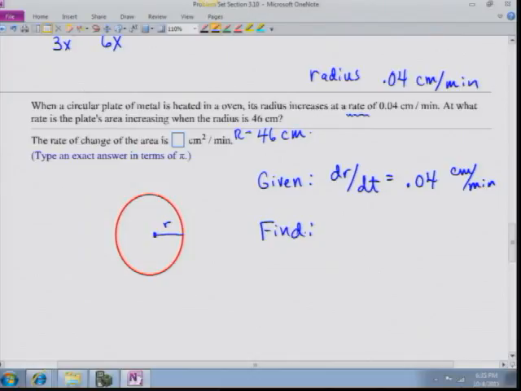What are we trying to find? How fast the area is increasing. So what is that called? dA dt.